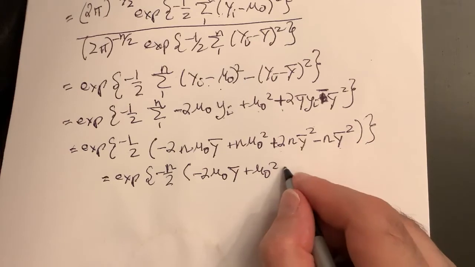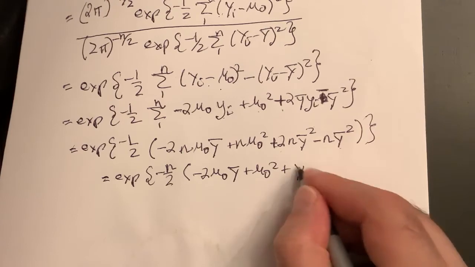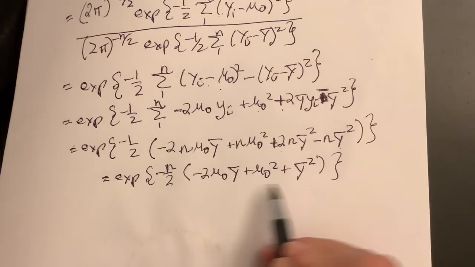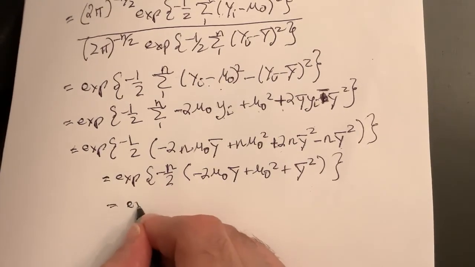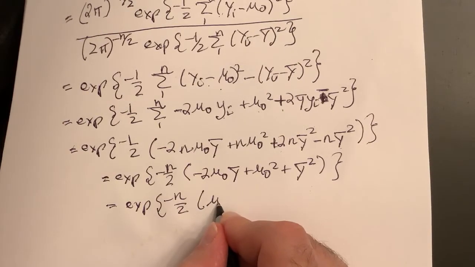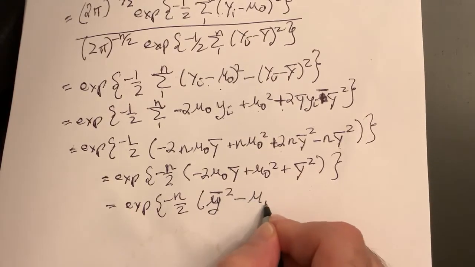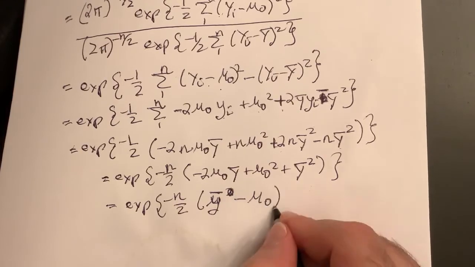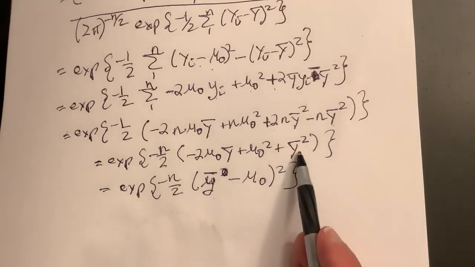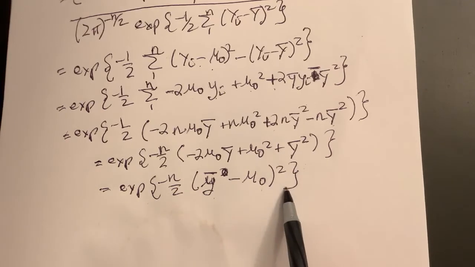I have plus 2 y bar squared and minus y bar squared, so it's plus y bar squared. And you recognize here you have a square. So this is exp minus n over 2 times y bar minus mu 0, all squared, right? Y bar squared, mu 0 squared, and here I have minus 2 mu 0 y bar.